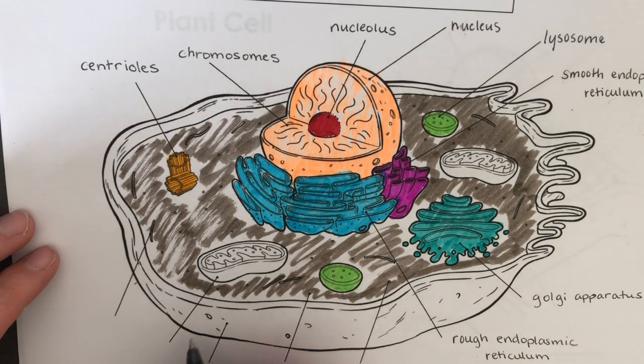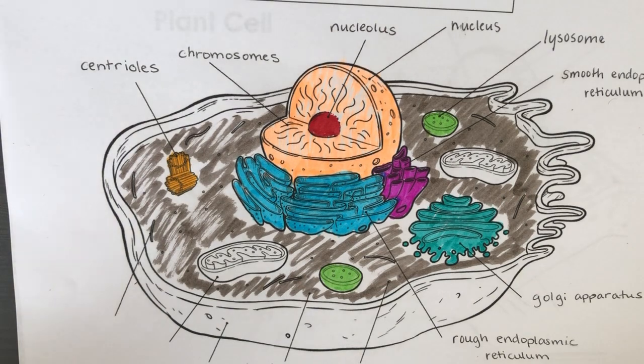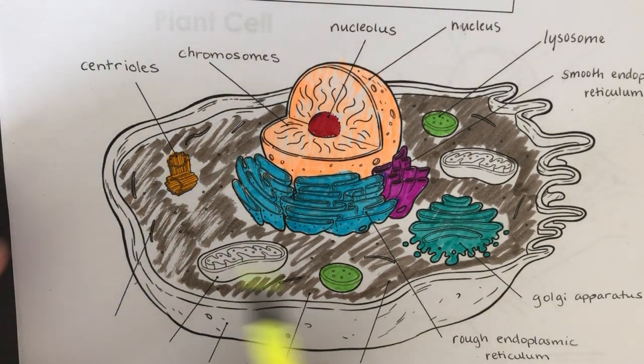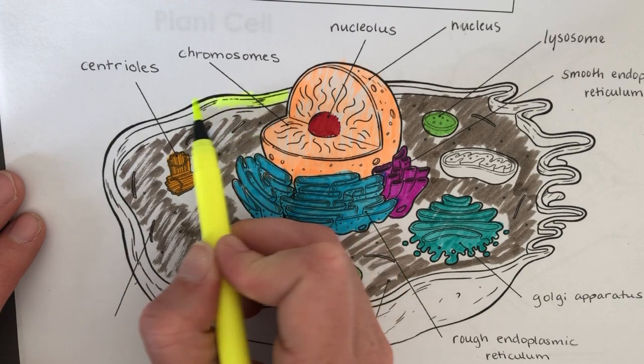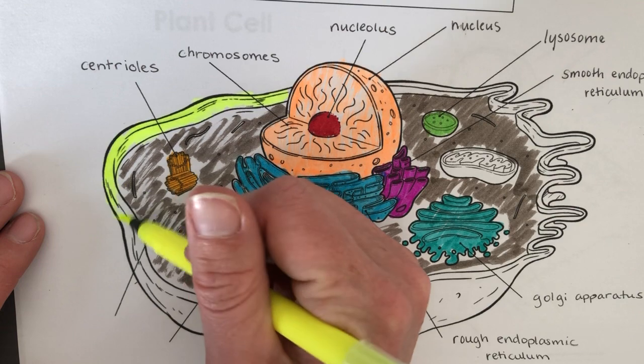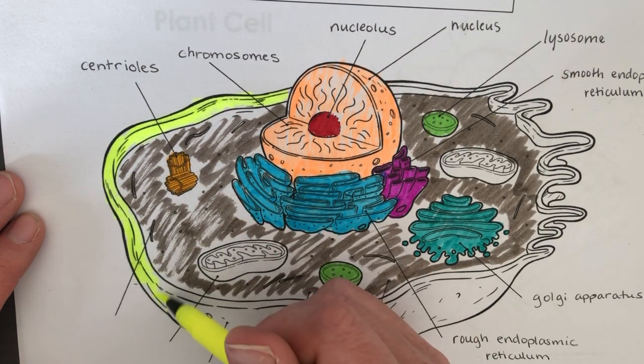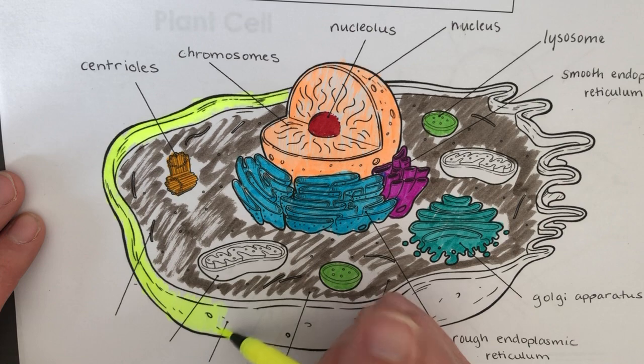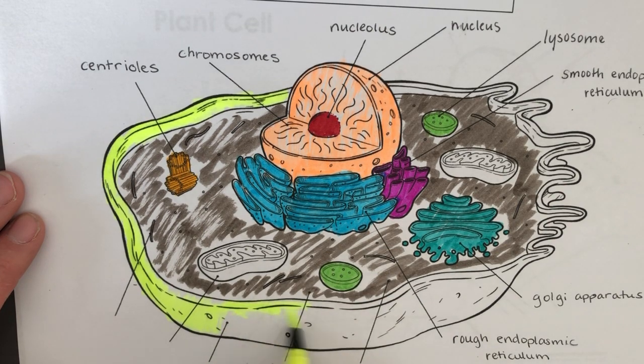Next, cell membrane. I'm going to color my cell membrane this bright yellow shade. So the cell membrane goes all around the cell. Every single cell on the face of the planet has to have a cell membrane because this wouldn't be much of a cell if it didn't have one, right?